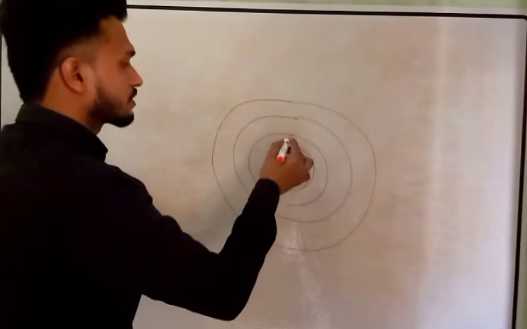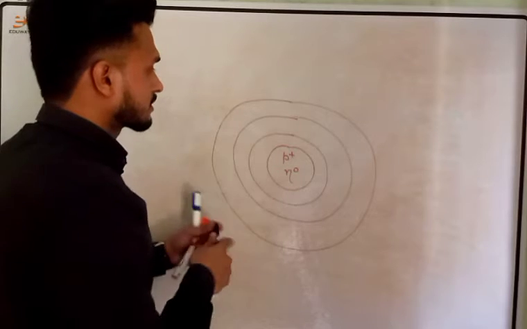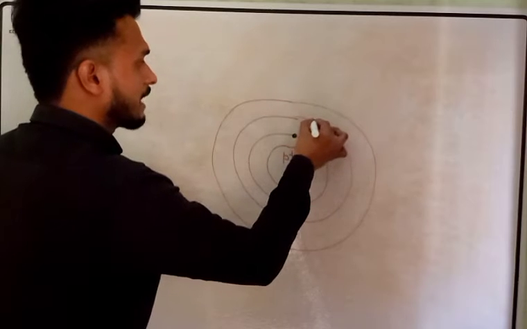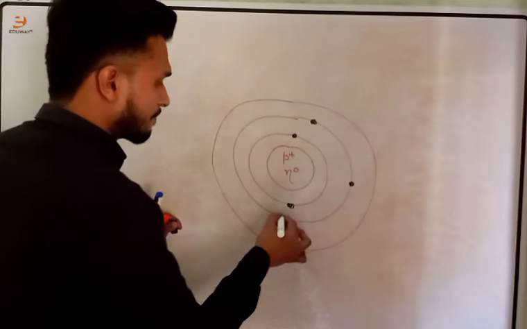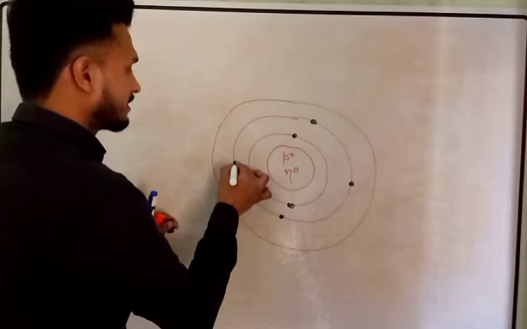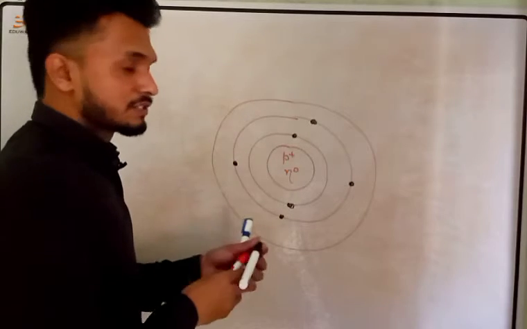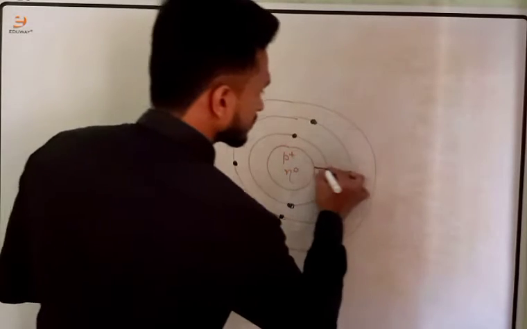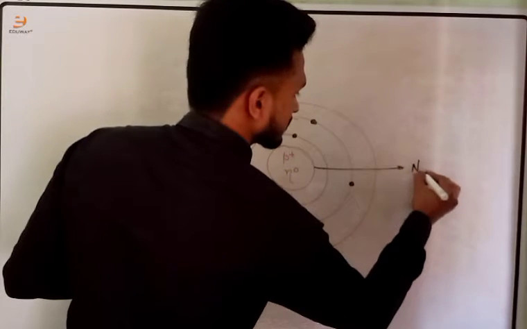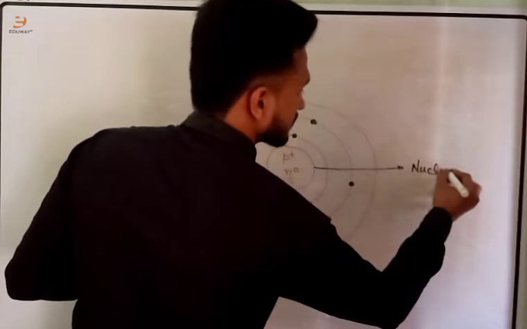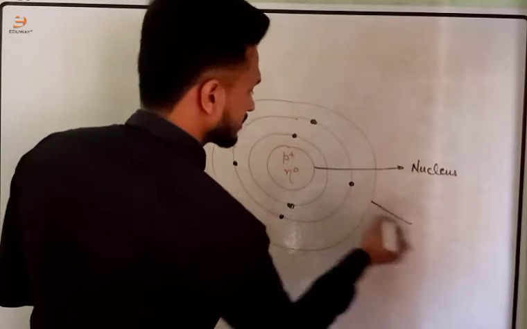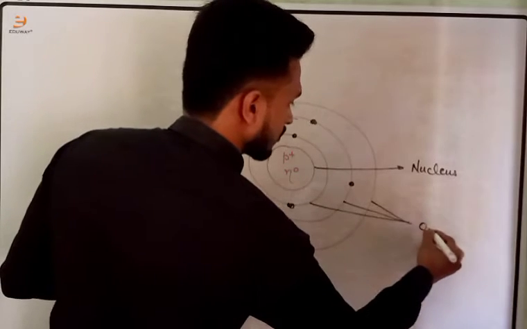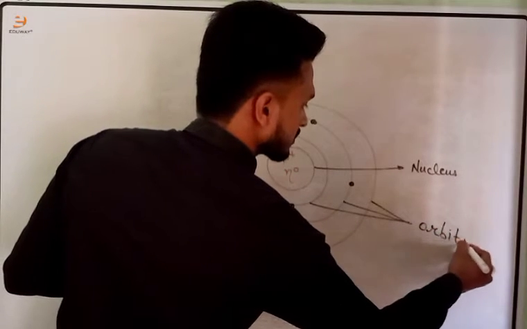In different orbits or shells, different numbers of electrons revolve as well as rotate. And I must tell you here that every orbit or shell has a different capacity of electrons. So in the center there is a nucleus, and these are the different orbits, or we can say shells.